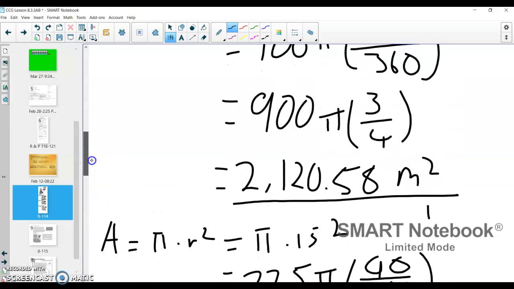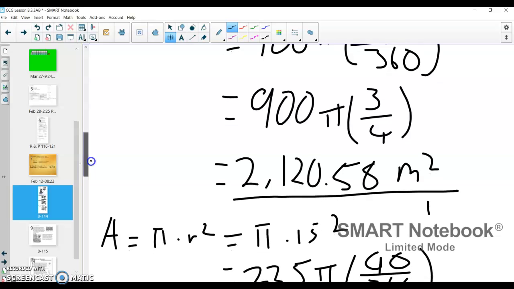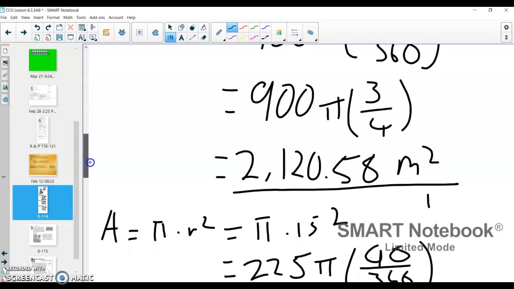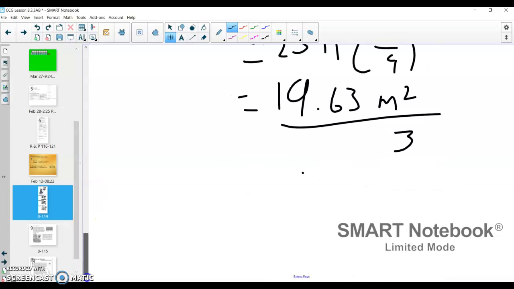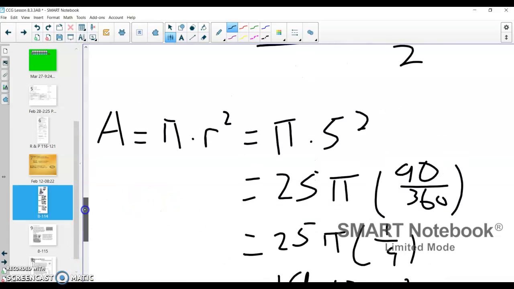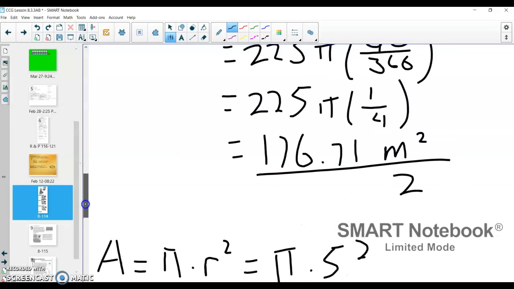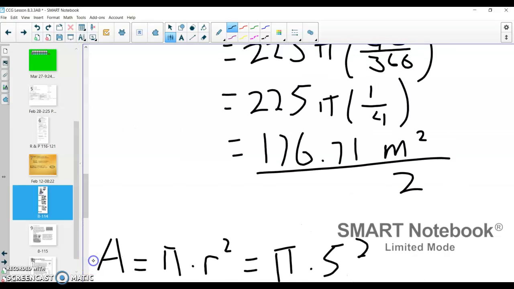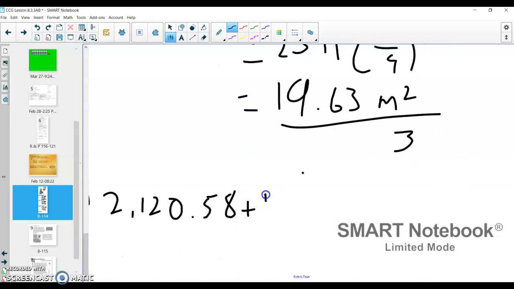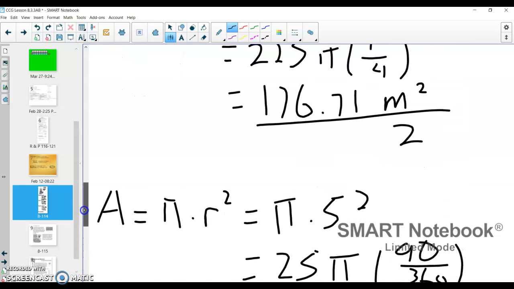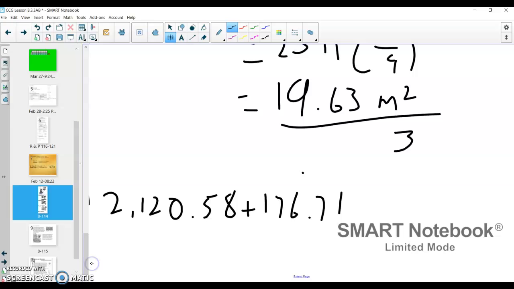All right, and now I just have to add them all together, and I'll have my complete area. So let's take the first one, 2,120.58, plus my next one, which is 176.71, and then I add it to my third one, which is plus 19.63.